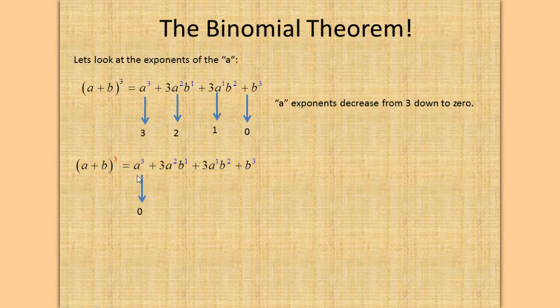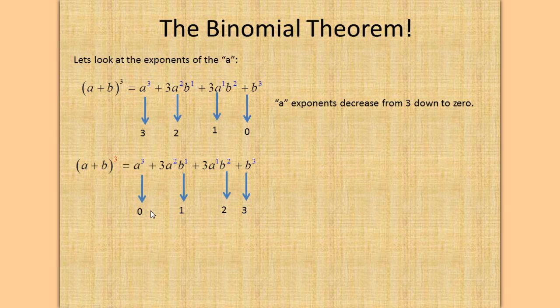Here we have a cubed, but there's no b exponent there. So that must be b to the 0, because there's a 1 in front of this a cubed. We have b to the 1 here, we have b squared in the next term, and then we have b cubed.